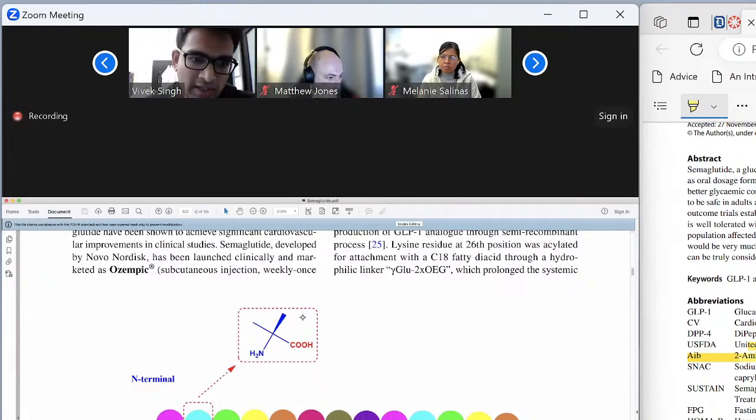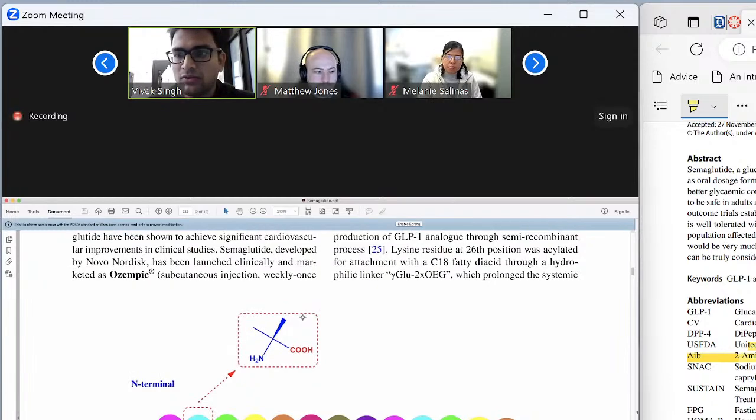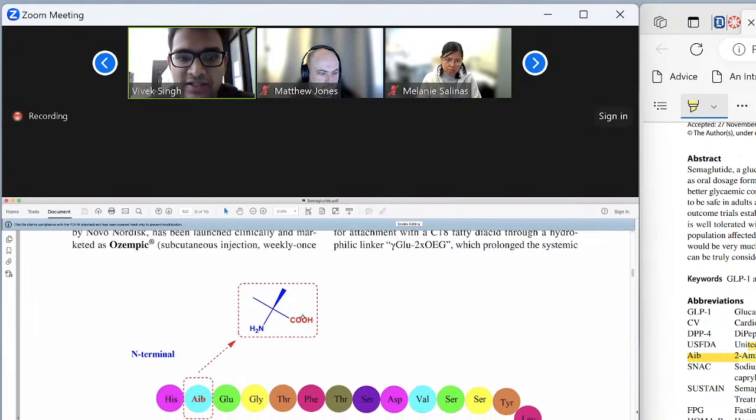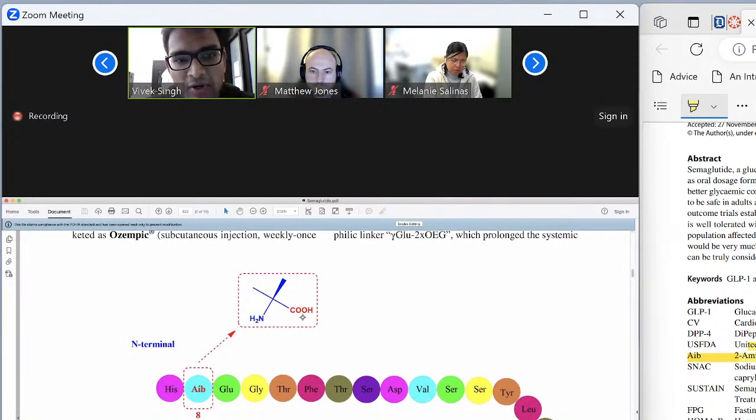Right. So that's why they made this change at position 8, so that the GLP-1 analog does not get metabolized by the peptidases.